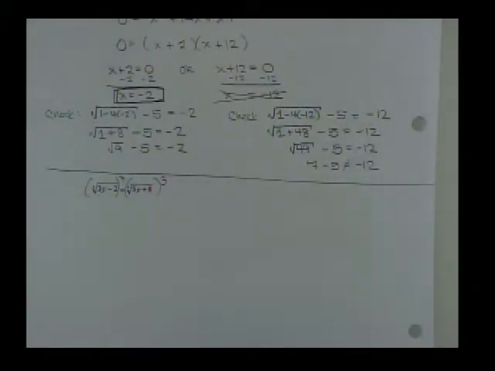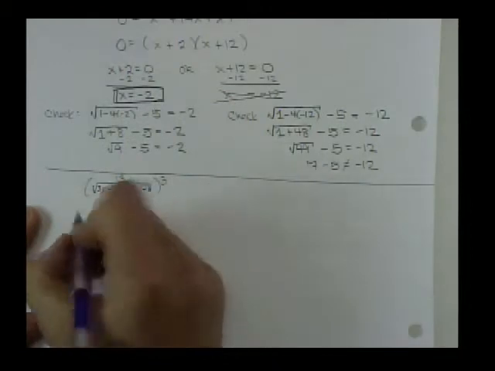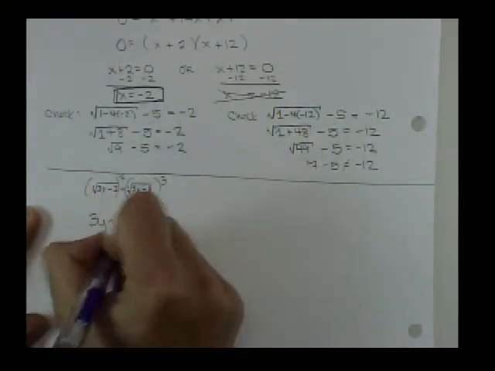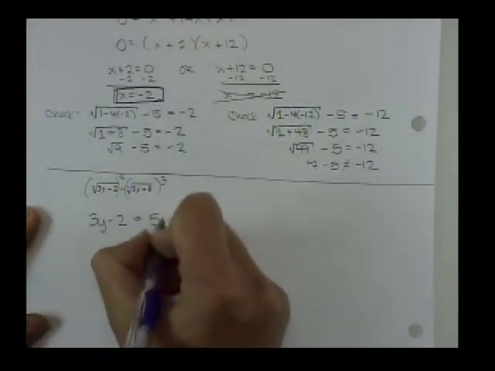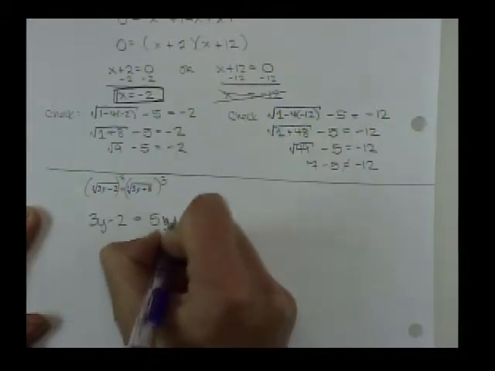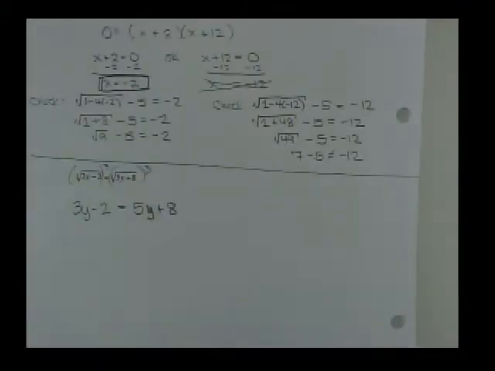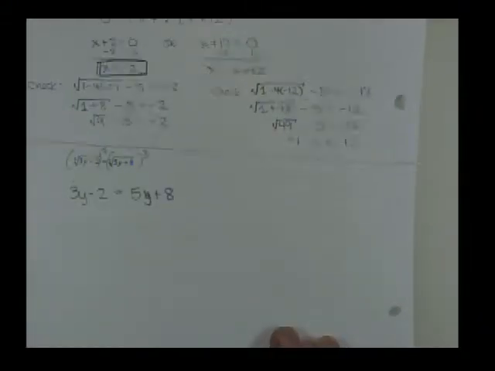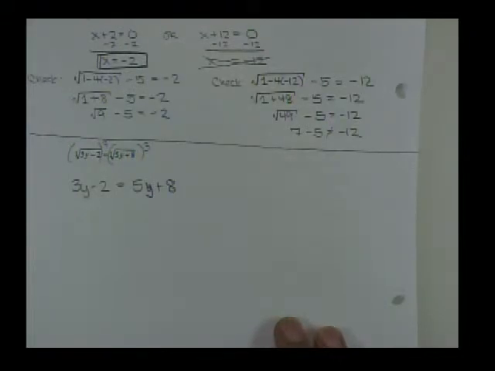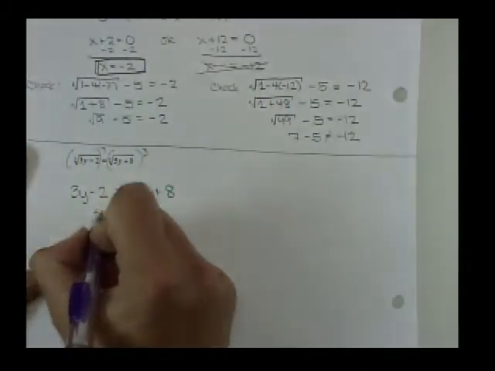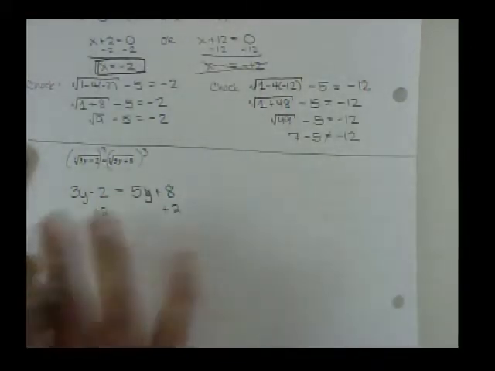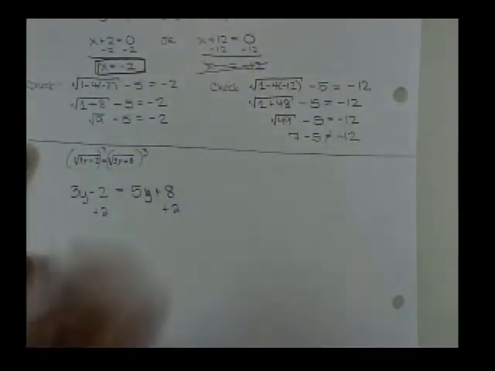Because when you cube a cube root, they kind of cancel each other out, and we just get 3y minus 2 equals 5y plus 8. And then what's one thing we should do on each side? Add 2. And then, so if we get our numbers on the right, then we should get our variables on the left.